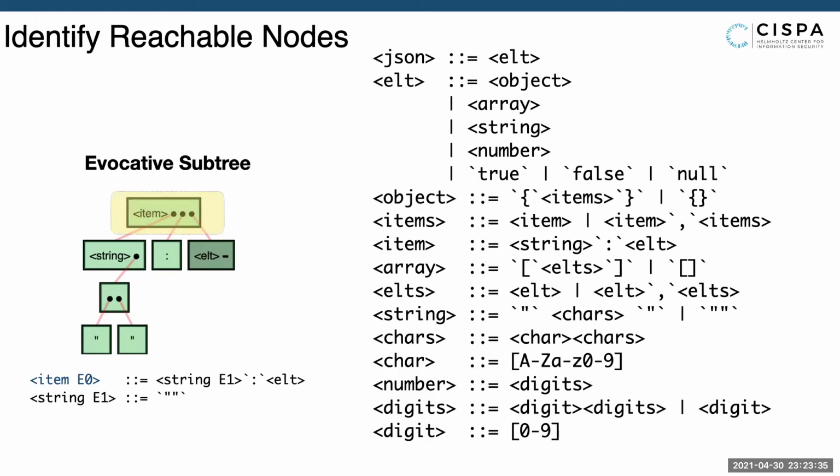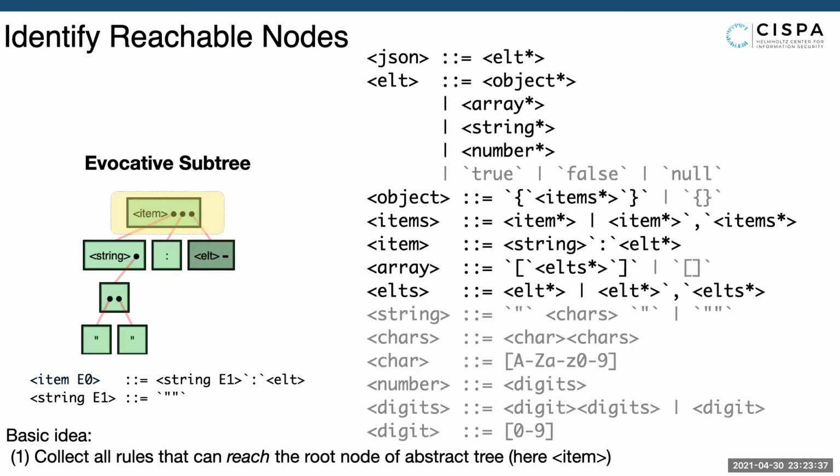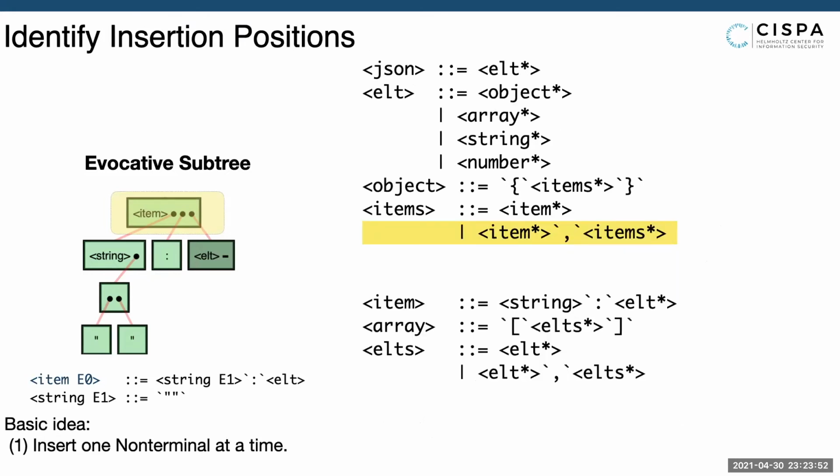Here, our root node is an item. So we mark terms in each rule of our grammar that can generate the non-terminal item at some point. We remove any expansion rule that can't generate an item and remove any resulting empty definitions. Then we take each rule and duplicate the rule a sufficient number of times such that only one non-terminal is marked.